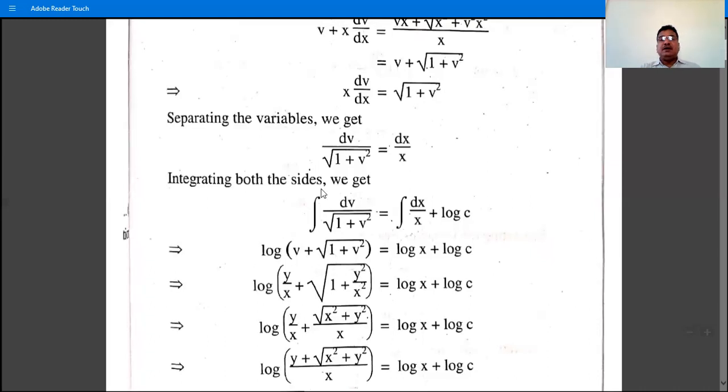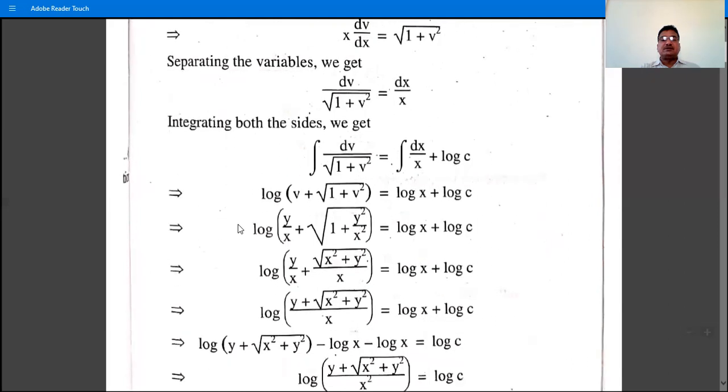By using that rule, a is now 1, so we have log v plus root 1 plus v square is equal to integration of 1 by x, which is log x, plus log c, the constant of integration. Then resubstitute this v as y by x. So we have log y by x plus root 1 plus y square by x square is equal to log x plus log c.